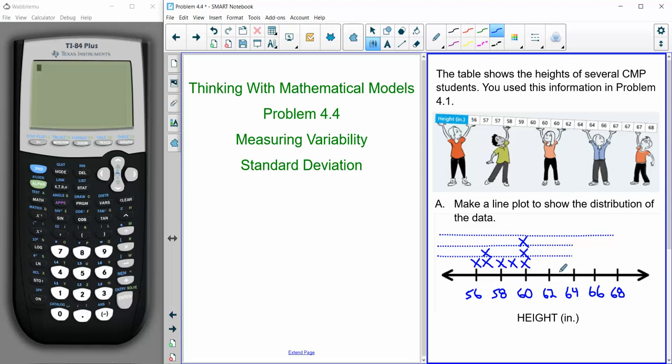Now 62, just the one. 64, I've got two students that are that tall. 66, just the one student. 67, three students, 1, 2, 3. And 68, just the one student. So what we end up with is kind of a bar graph of sorts.